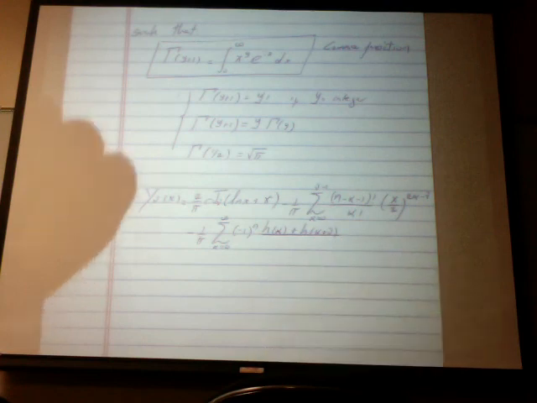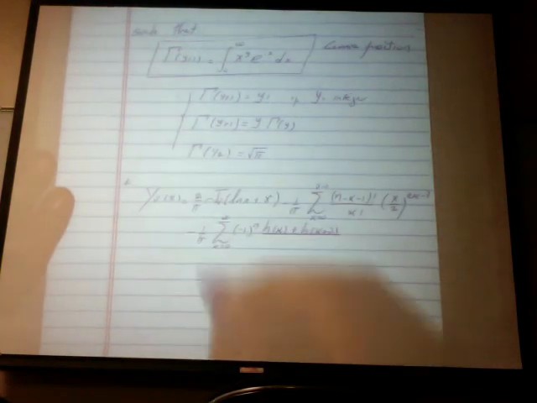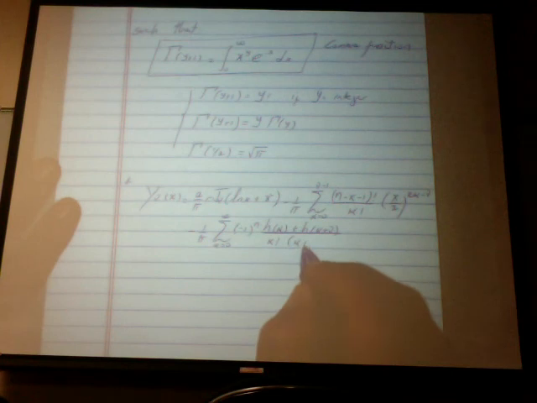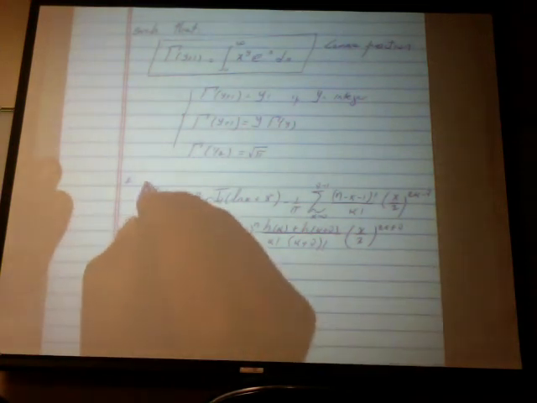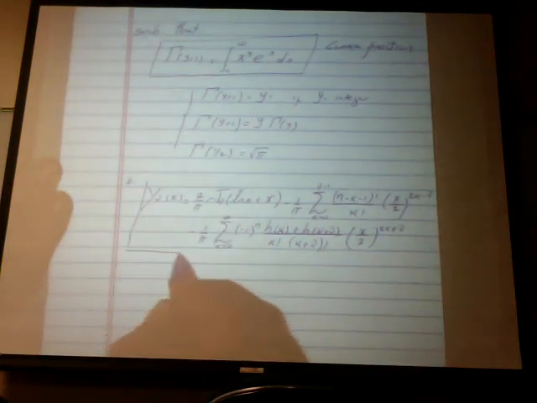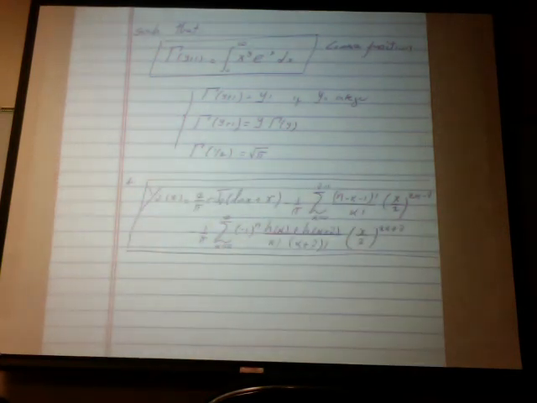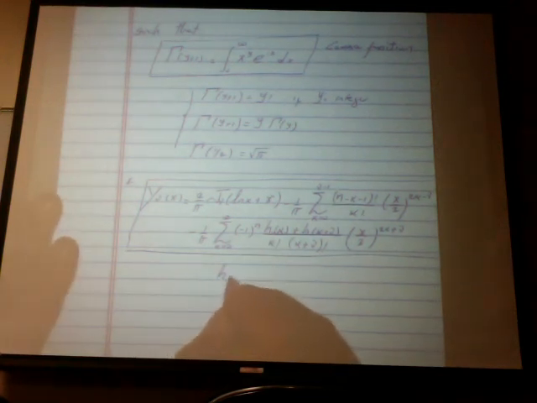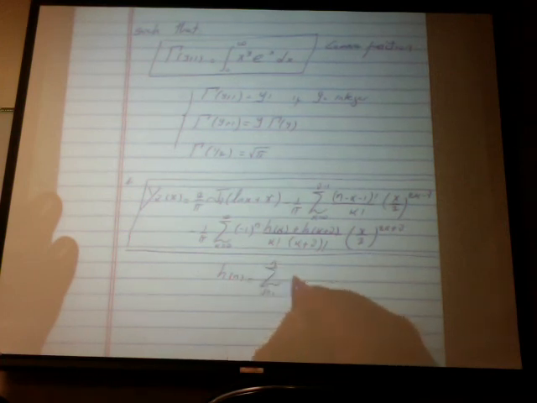And remember, this function only appears when nu is an integer. So we don't have to make the distinction of what happens when nu is an integer and nu is not an integer. And this function h right here is that series from j equals 1 to n of 1 over j.